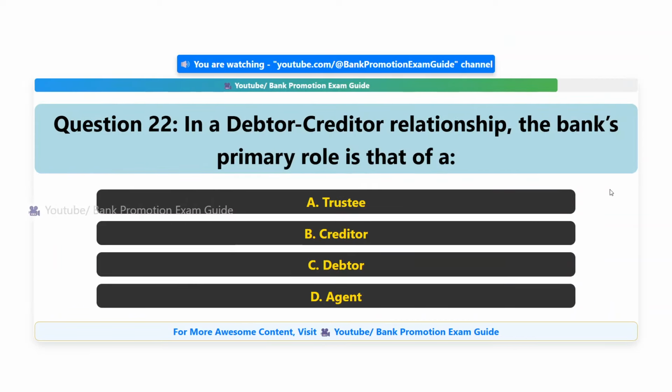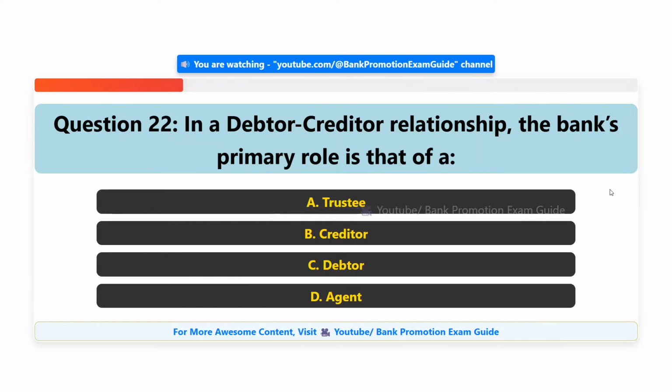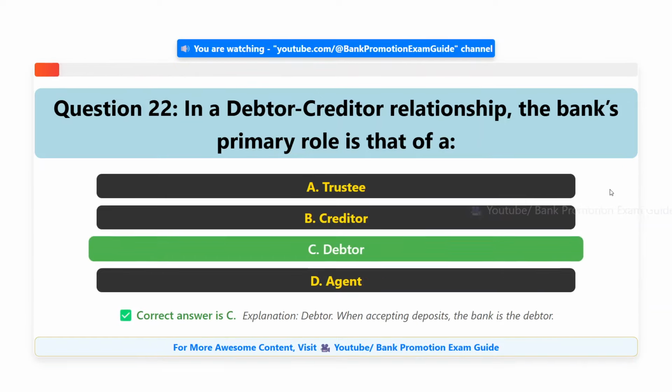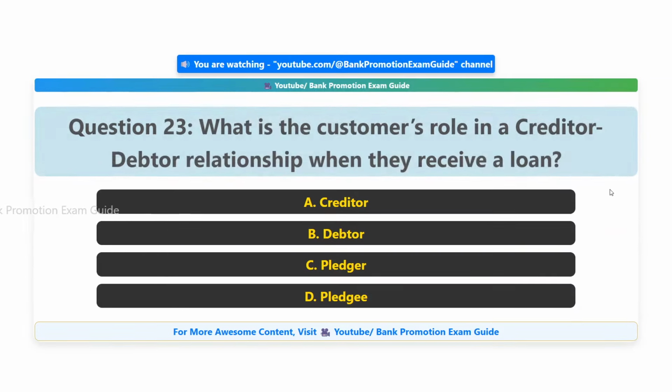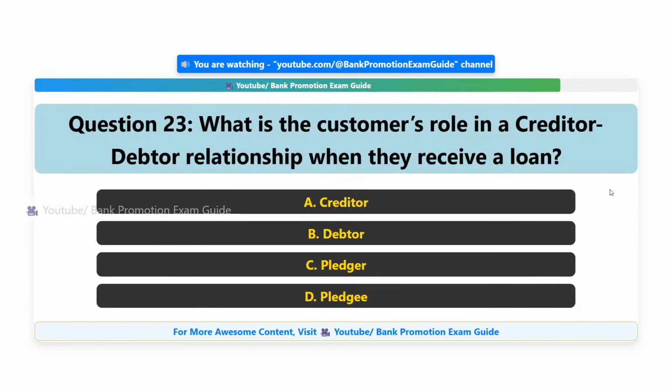Question 22. In a debtor-creditor relationship, the bank's primary role is that of a debtor. When accepting deposits, the bank is the debtor. Question 23. What is the customer's role in a creditor-debtor relationship when they receive a loan?